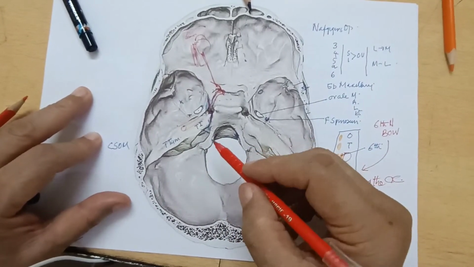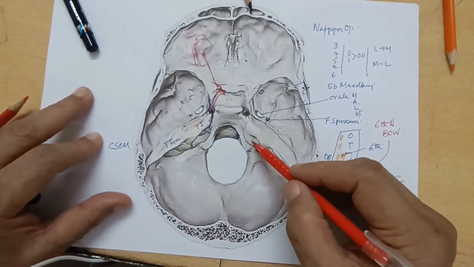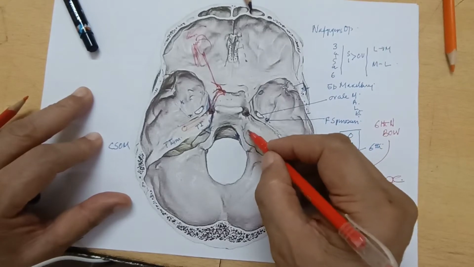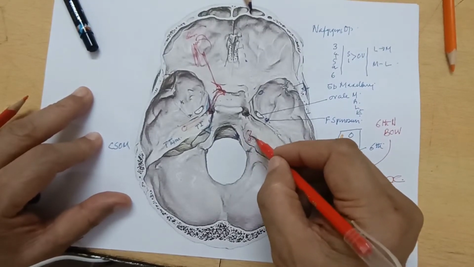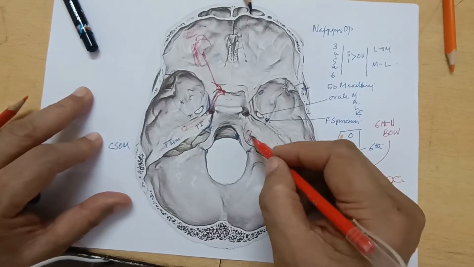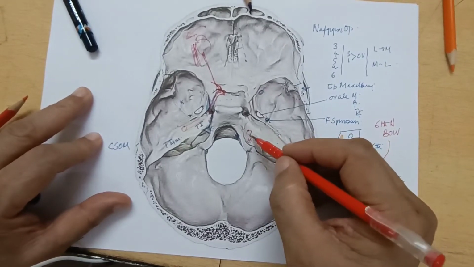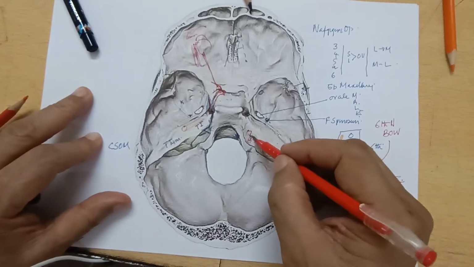Alright. Then you have the internal acoustic meatus, through which pass the 7th and the 8th nerve. The ductus endolymphaticus comes out from this, and the anterior inferior cerebellar artery passes through this.